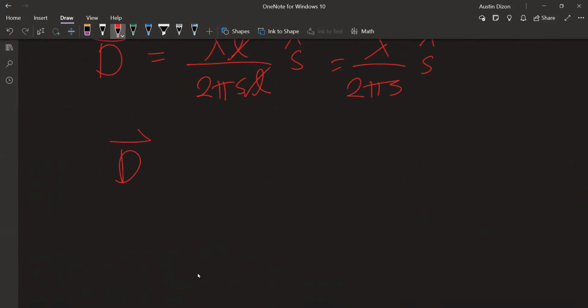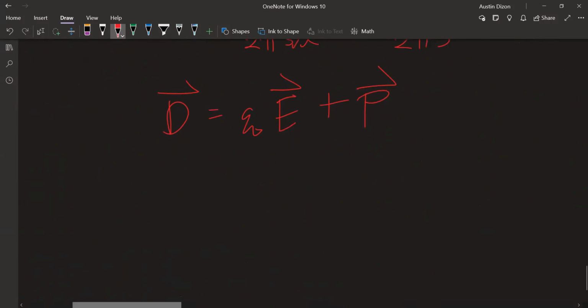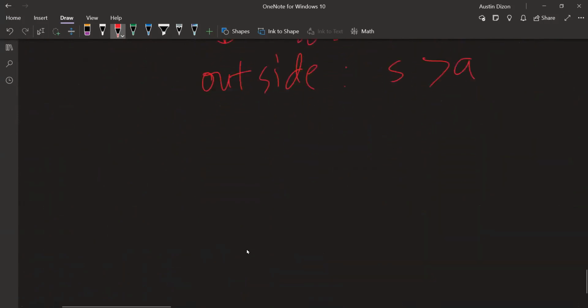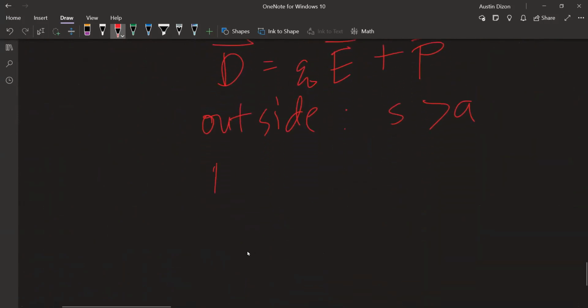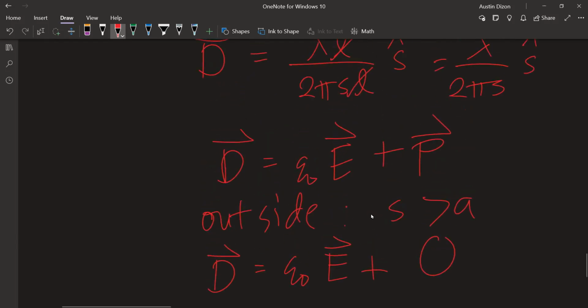Okay, so D is given by epsilon naught E plus P. Outside, makukuha natin, so that is S greater than A. The field is given by, alam natin yung P mo would be 0 kasi there are no charges outside. The vacuum outside, di ba?